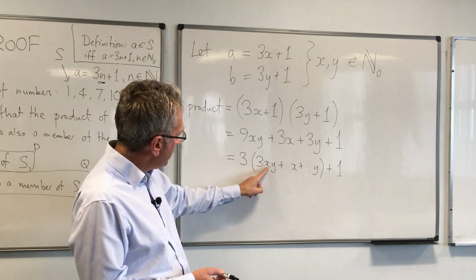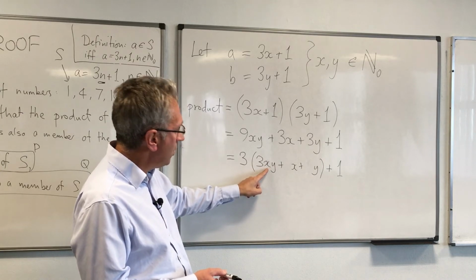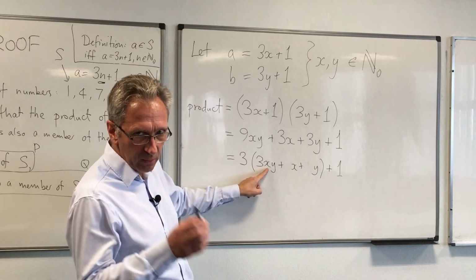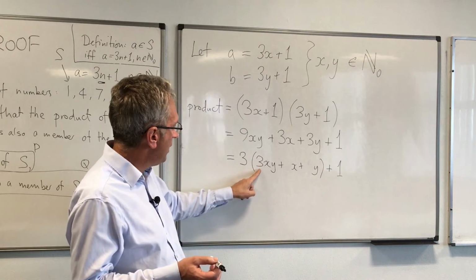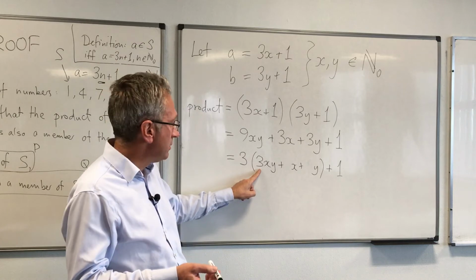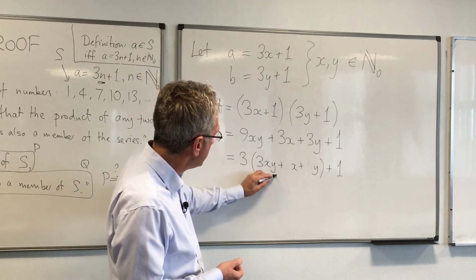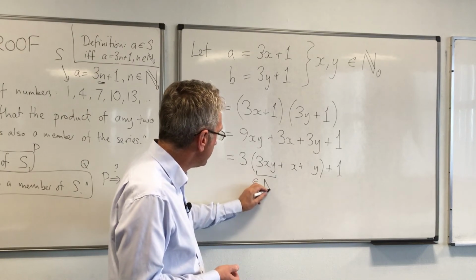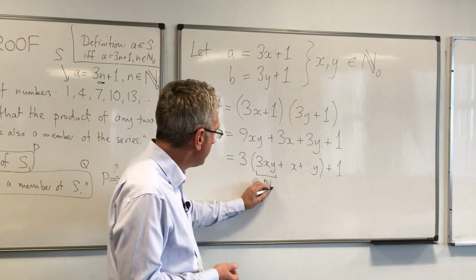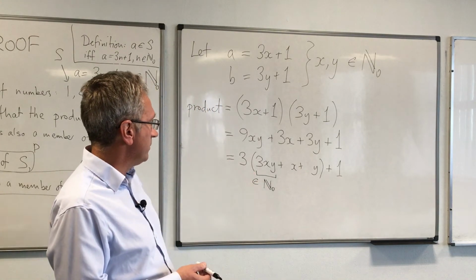So therefore x times y is either going to be 0 or it's going to be a positive number. We know that from the definitions. And if we multiply it by 3, we're either going to get 0 or a positive whole number. So we know that is a member of the natural numbers. It could be 0 or it could be a positive whole number, but it can't be negative.